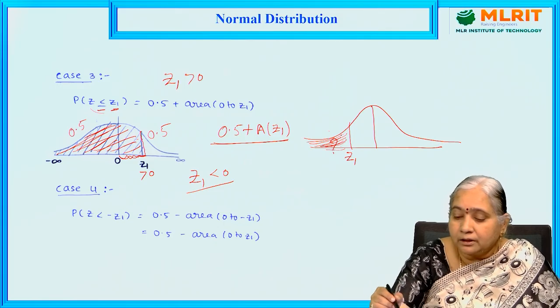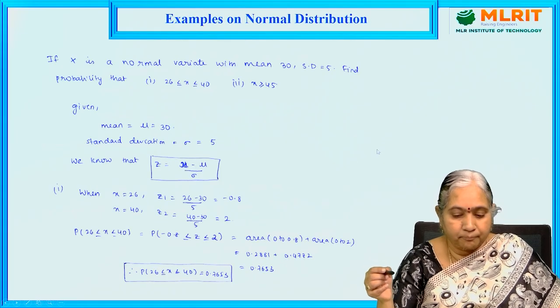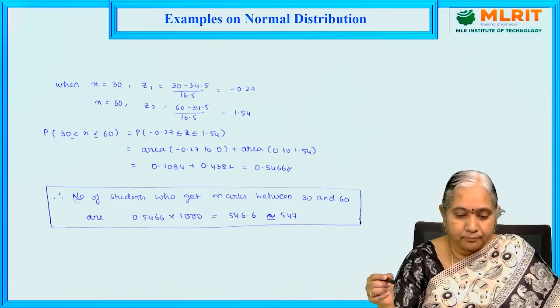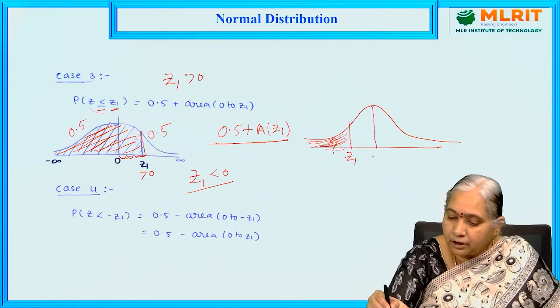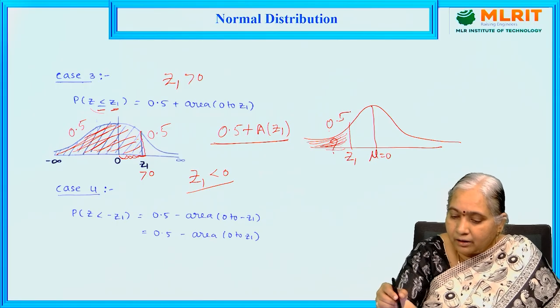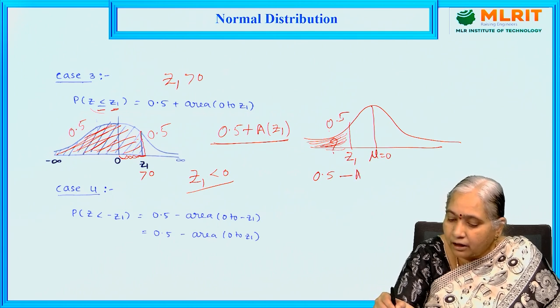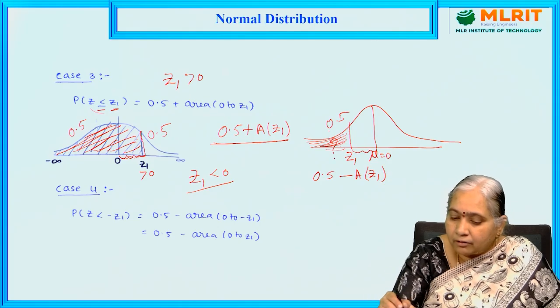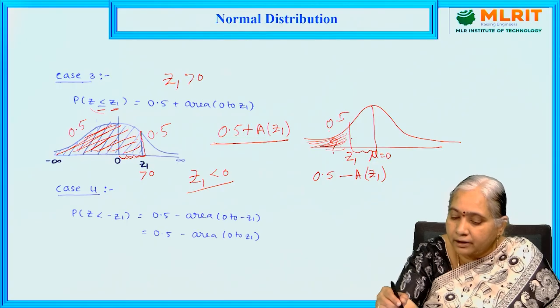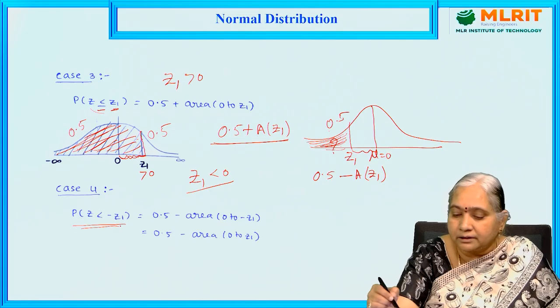We know that the total area to the left of the mean is 0.5. So we take 0.5 minus area of Z1. If we subtract the area of Z1, 0 to Z1, from the total area to the left of the mean, we get the required probability, that is the probability of Z less than Z1.